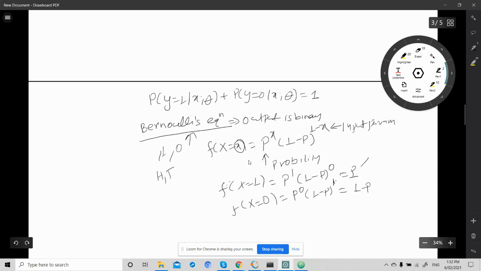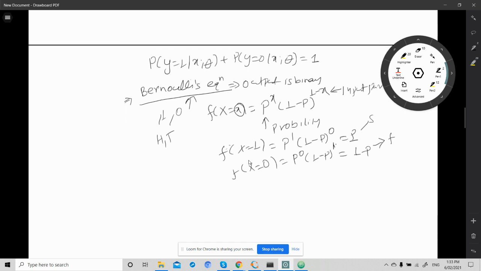This is p, which means success, and 1 minus p means failure. So why I am explaining Bernoulli's equation to you is that logistic regression also works based on Bernoulli's equation, and our equation for Bernoulli's equation is p to the power x times 1 minus p to the power 1 minus x. This is our equation.